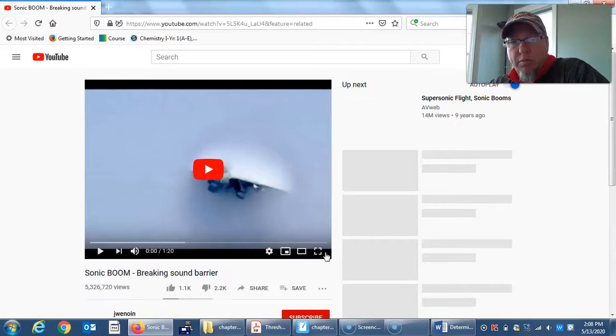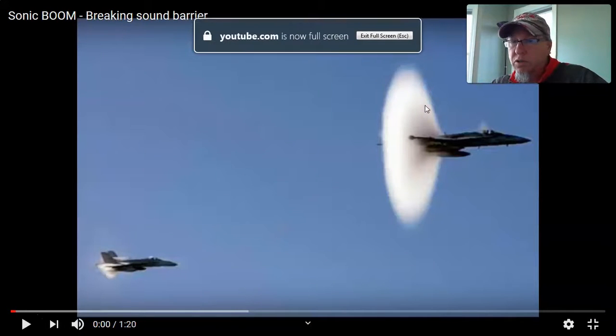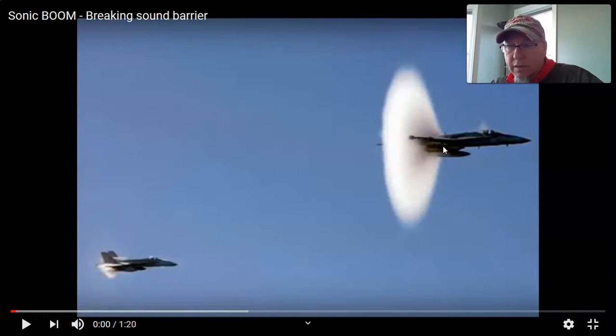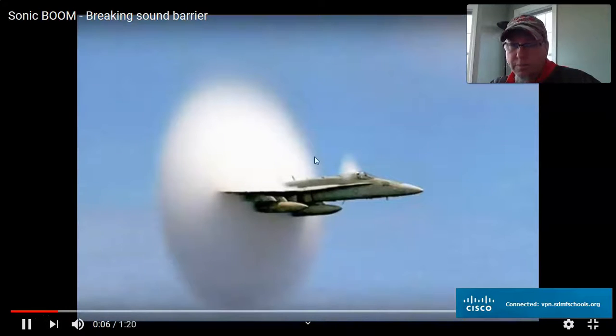I showed you the jet plane app that I had. This is like real life pictures of an airplane flying faster than the sound it's creating, and you can actually see the cone wave in the airplane. So these are just still photos of it. It's really kind of cool looking.